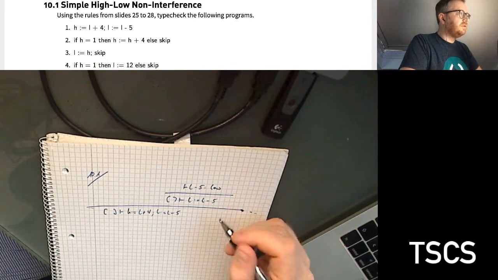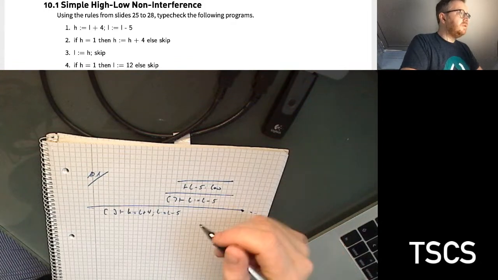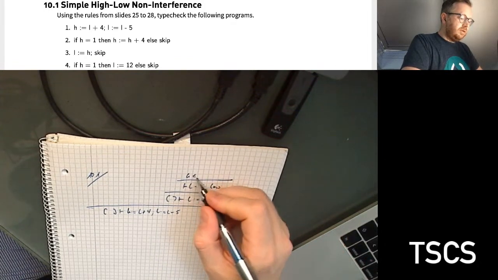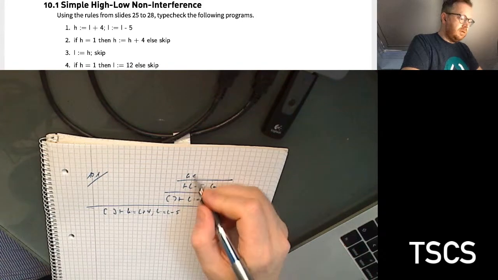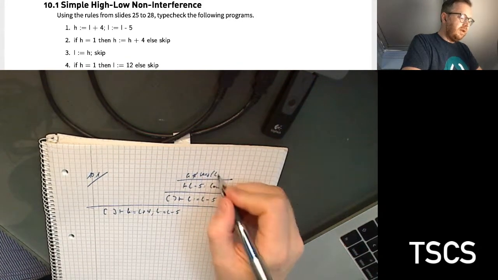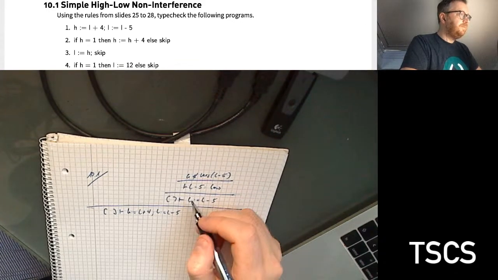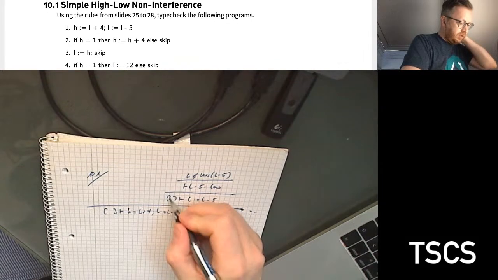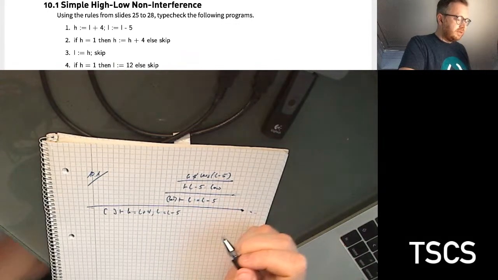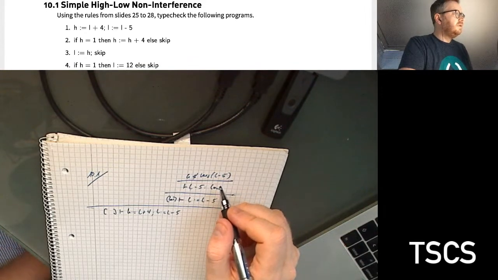Obviously as low, because there's no H. And we can do this because H is not in the vars, the variables of L minus 5. In this expression there is no H, so we can do that. And of course all of this is in the low context, so this type checks really well.